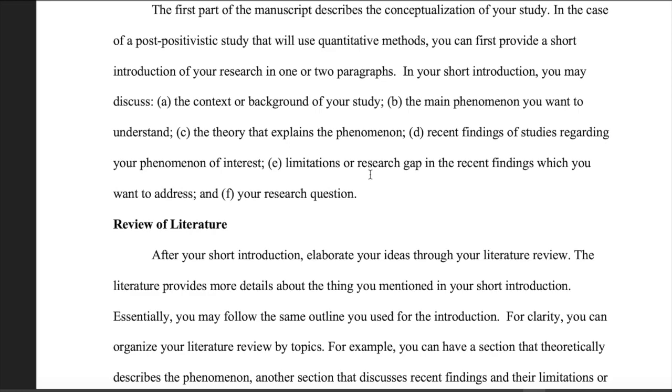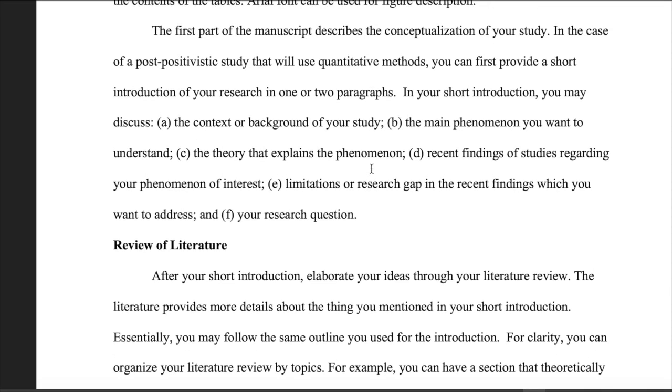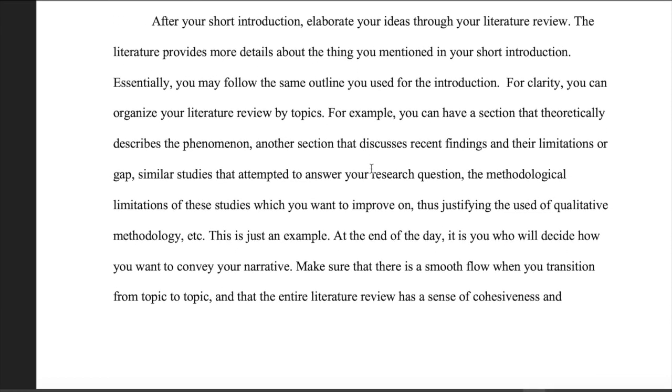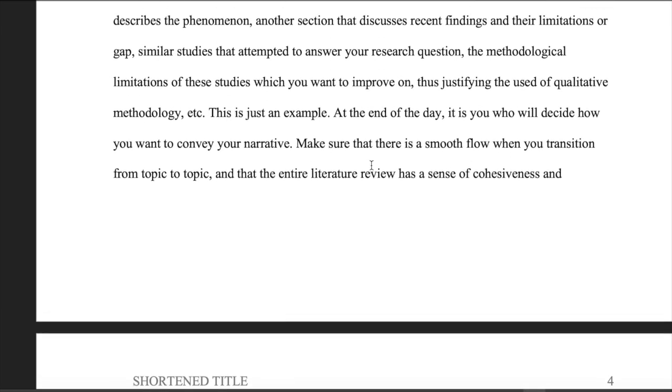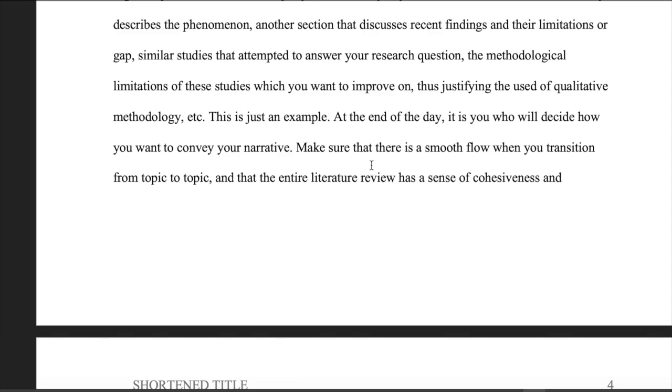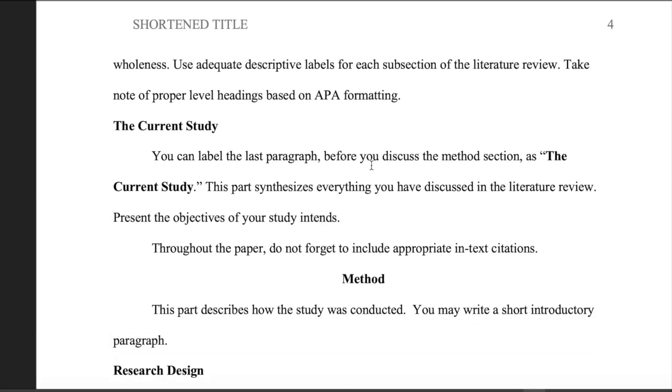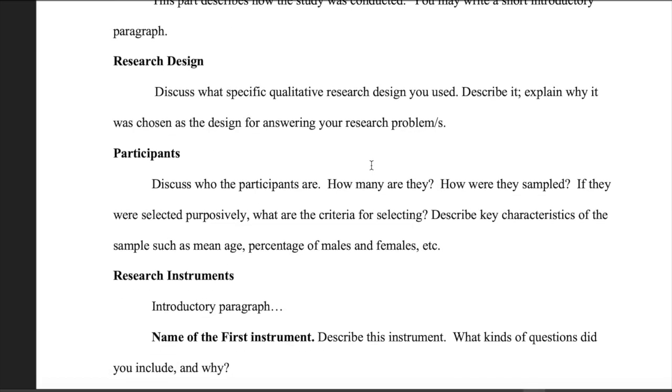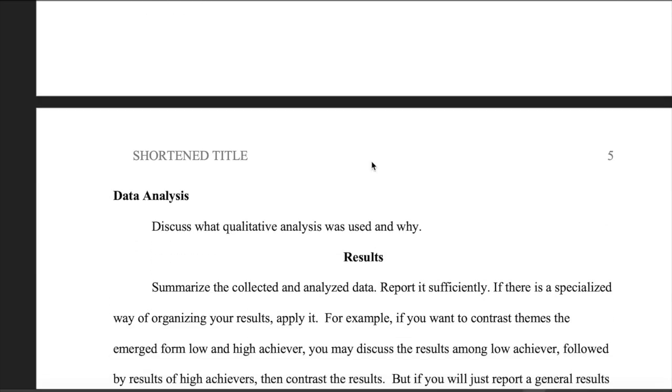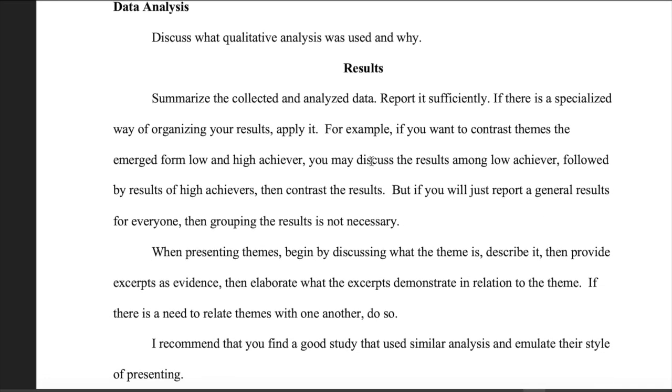So the role of theory in qualitative research would perhaps be more limited, relative to the role of theory, which is very important in quantitative post-positivistic research.